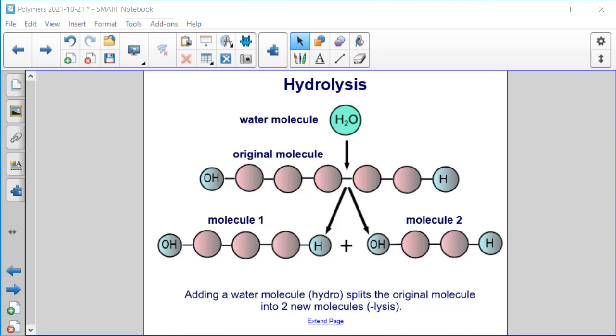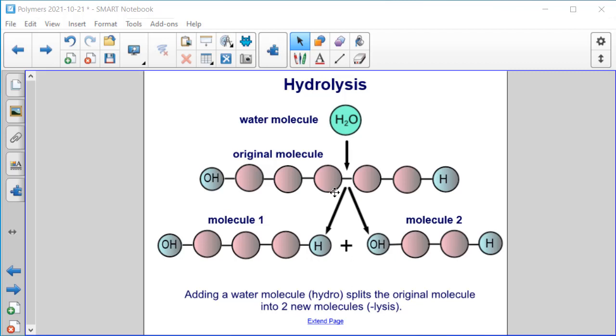All right, so this diagram is actually just the reverse reaction of the dehydration synthesis that we saw about two slides back. We have this original molecule here, and we're going to add water at this bond right here to lyse it or break it.